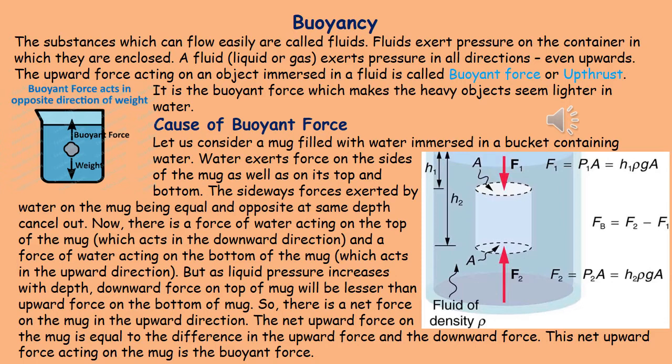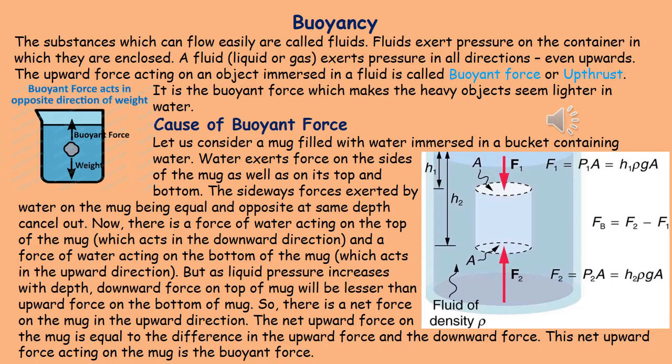Water exerts force on the sides of the mug as well as on its top and bottom. The sideways forces exerted by water on the mug, being equal and opposite at a particular depth, are balancing each other.